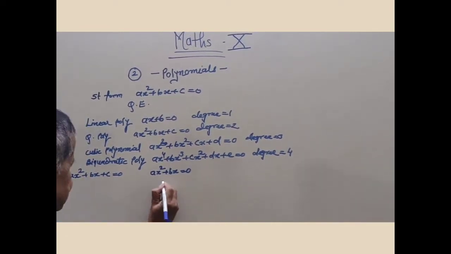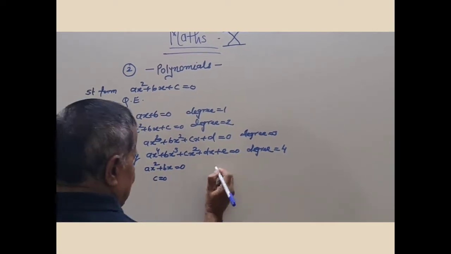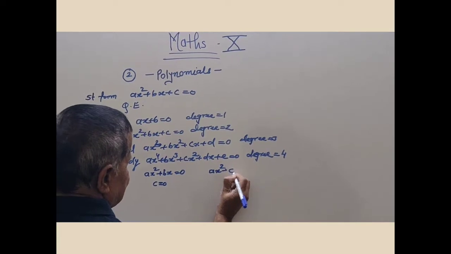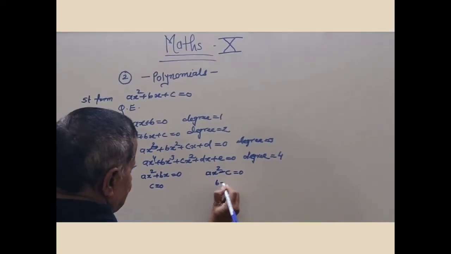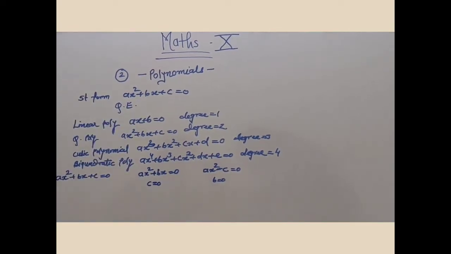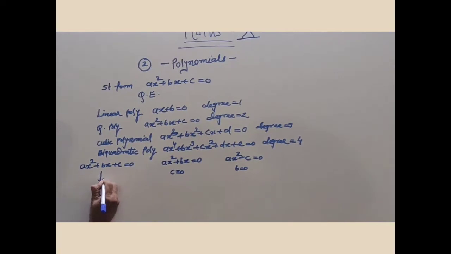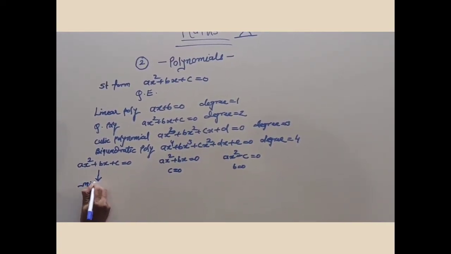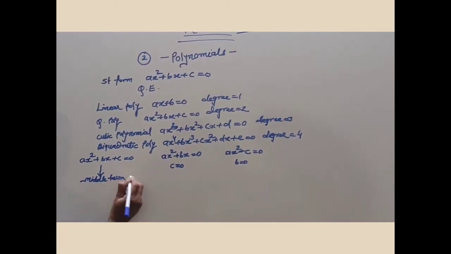Here c is equal to 0. Then the third type is ax square minus c is equal to 0. Means here b is equal to 0. Okay. This type of polynomial is solved by only middle term splitting.